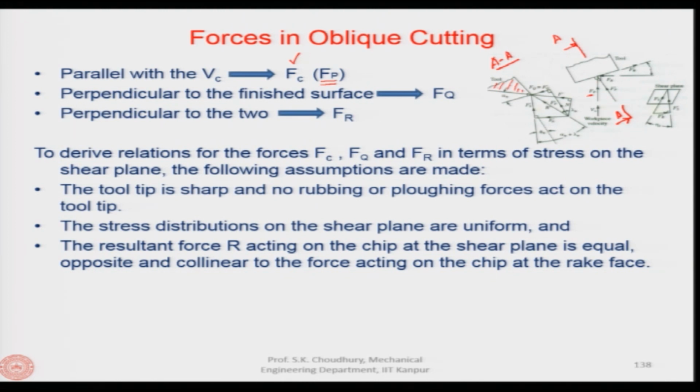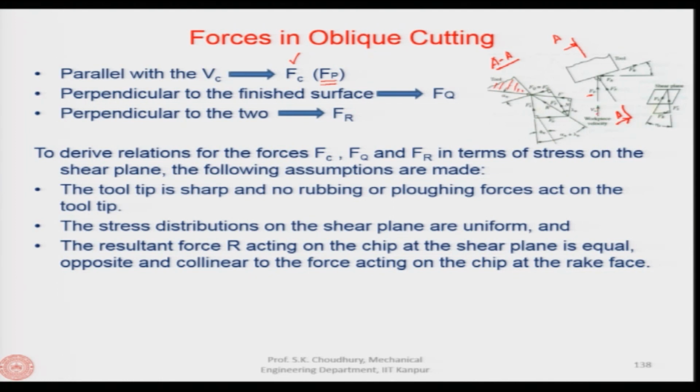The third force component is perpendicular to the cutting force and to this Fq, and this is given here as Fr. So, we have 3 forces: Fc, or Fp as it is shown here, Fr and Fq. Once again, Fc or Fp is parallel to the cutting velocity vector.